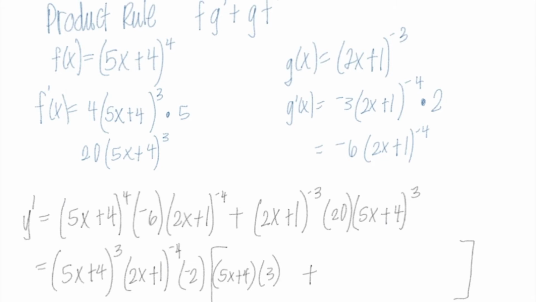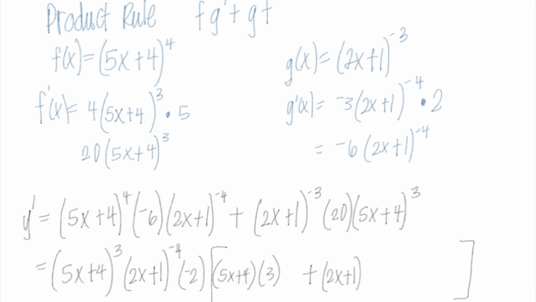Now on the other side, I can say 2x plus 1 to the negative 3 divided by 2x plus 1 to the negative 4. The rule when dividing is to keep the base and subtract the exponents. So the base is 2x plus 1.